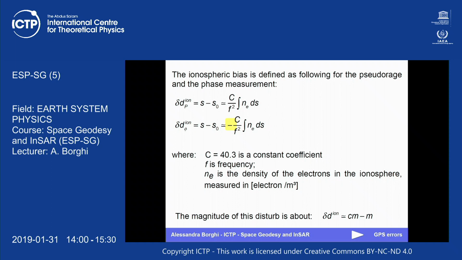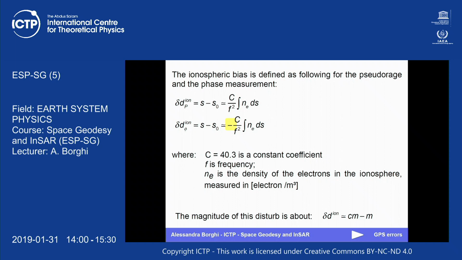And so what we can see, an important thing, is that it depends on the frequency. So in GPS we have at the moment 2 carriers. In Galileo we already have 3 carriers, but we are going to see that. GPS was designed using 2 frequencies, 2 carriers. And this is the reason. Because we know that the ionosphere is a dispersive medium for radio waves in this band.